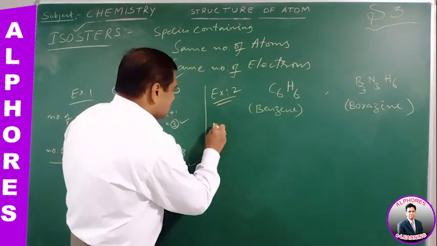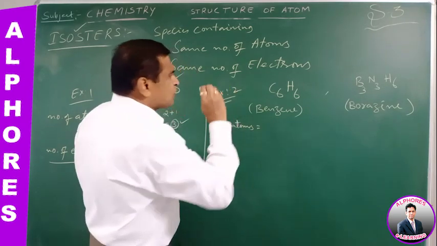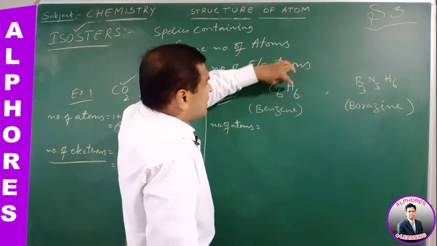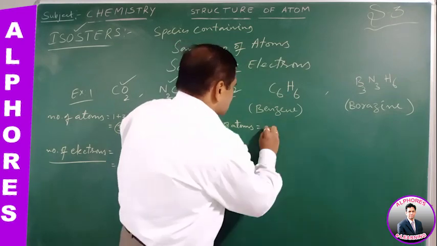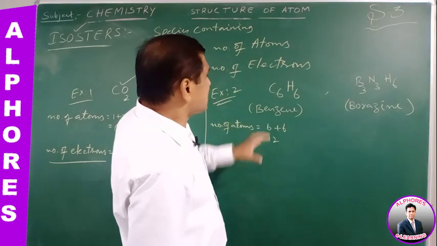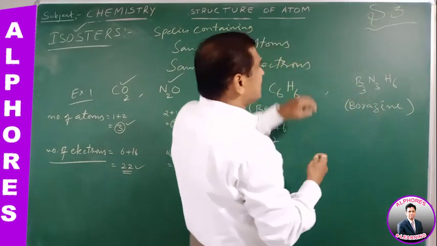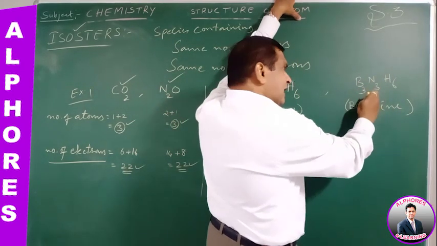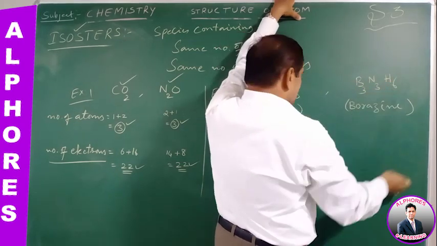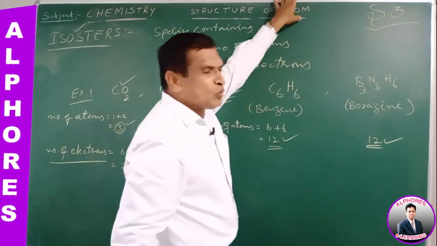Now, number of atoms: 1 mole of benzene contains 6 atoms of carbon and 6 gram atoms of hydrogen. Together 6 plus 6, it contains 12 atoms. Next, 1 mole of borazole contains 3 boron atoms, 3 nitrogen atoms and 6 hydrogen atoms. Total 3 plus 3 plus 6 equals 12. Both contain the same number, 12.